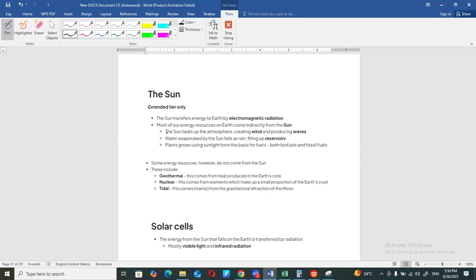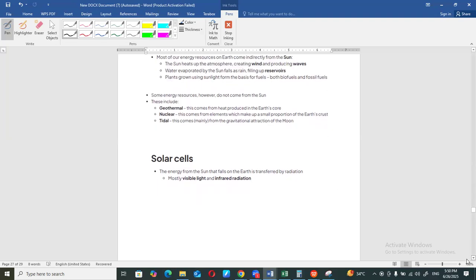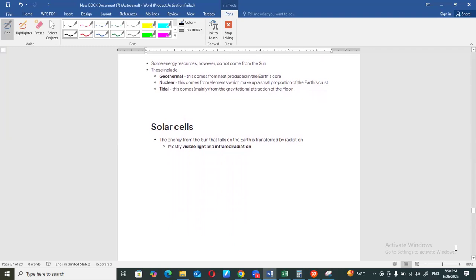Now, on the basis of the sun, what are the things which we can use for different purposes for storing the energy? The best thing is the solar cell. Now, a solar cell is a sort of cell that stores the energy directly from the sun. So what happens? The radiation falls on it and it stores the energy that can be utilized.